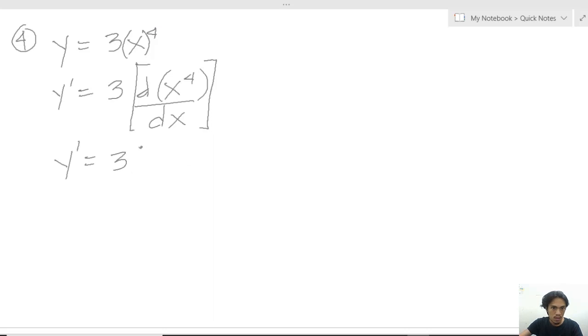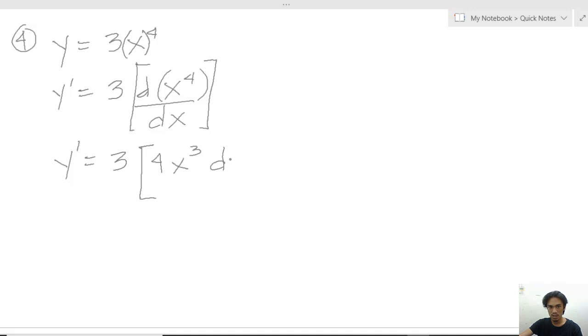Okay, it should be the derivative of x raised to 4 with respect to x. Bring down the exponent, copy the base. The new exponent would be 4 minus 1, or 3, multiplied by the derivative of the base.